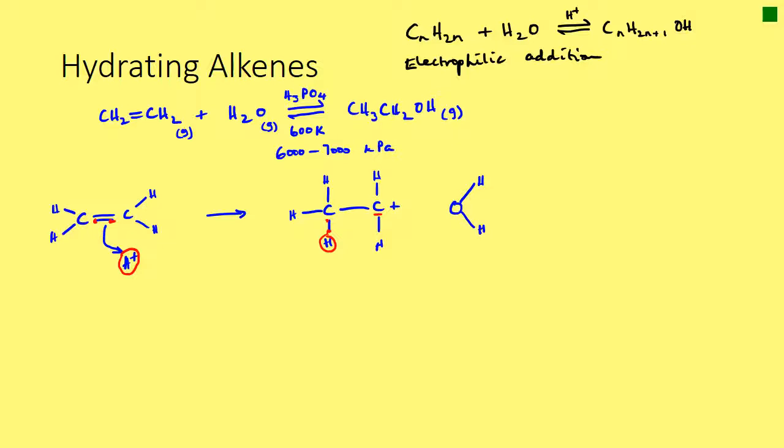So our water molecule with oxygen's lone pairs is inevitably going to be floating around, and this lone pair on the water molecule is going to attack that carbon atom that has the positive charge, and that's going to make a bond as well. So let's draw the product of that out.